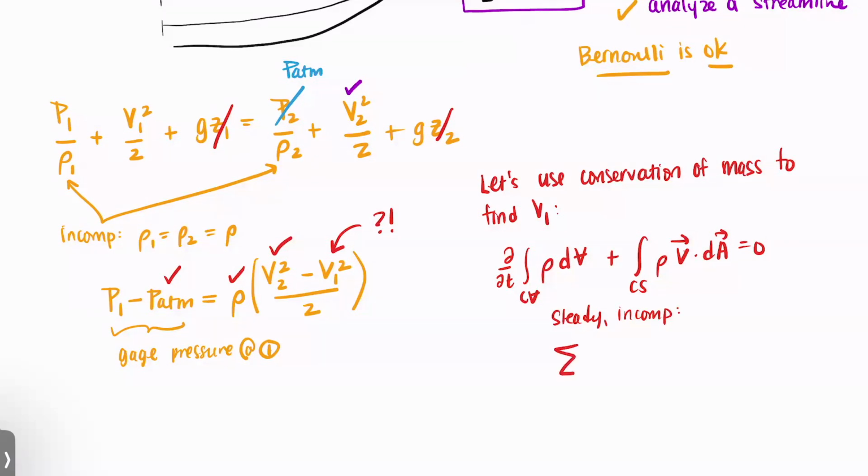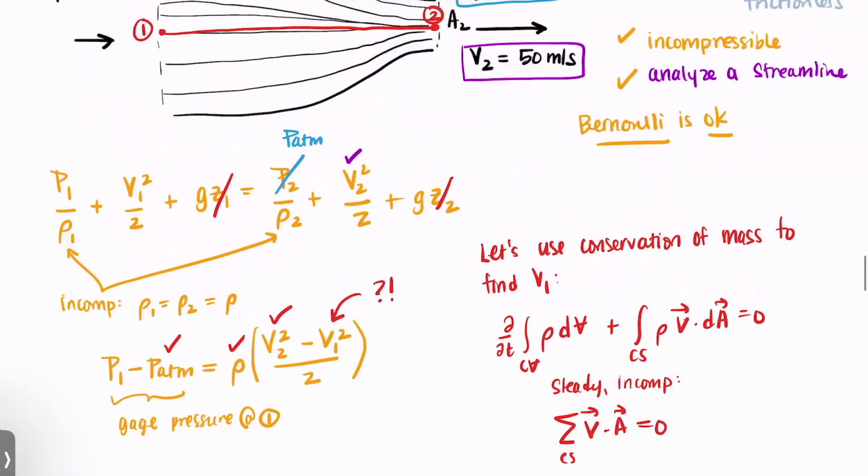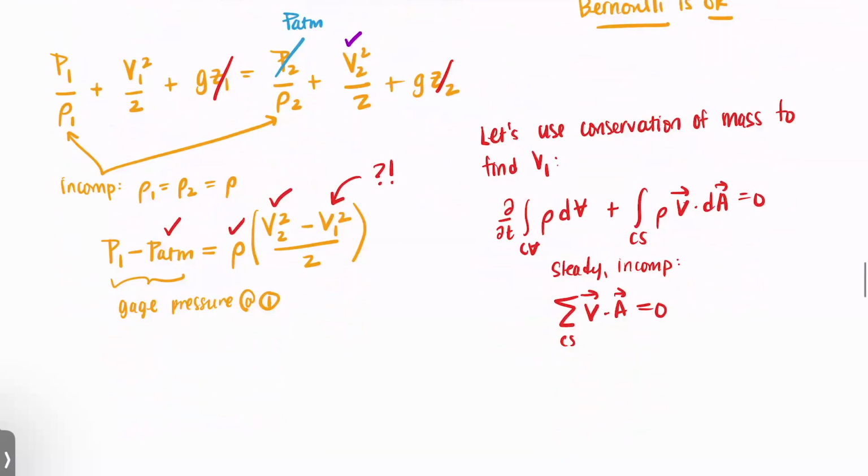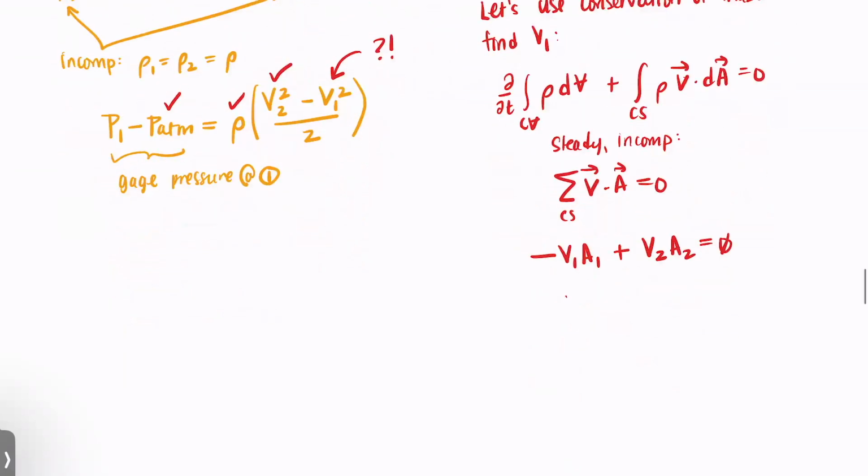So this just becomes a sum of v dot A over the control surfaces is equal to 0, right? So we have an inflow at 1, so we have minus V1A1 plus V2A2 is equal to 0, which means that V1 is equal to V2A2 divided by A1.